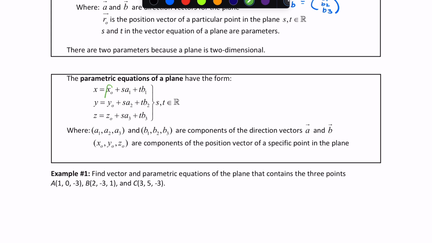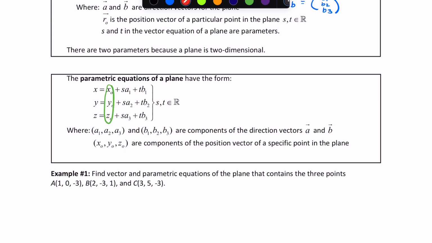So here we see that x0, y0, and z0 are components of the position vector of a specific point in the plane. And then a1, a2, a3, and b1, b2, and b3 are components of the direction vectors, vector a and vector b.